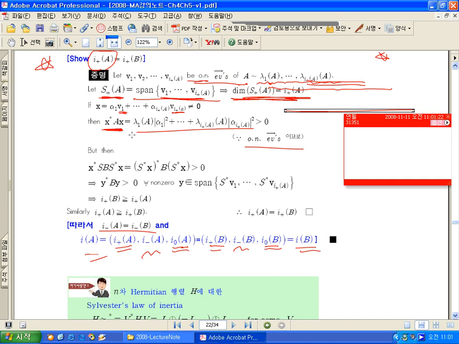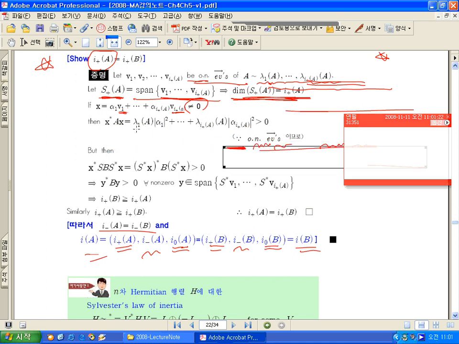As you see, these are all positive eigenvalues, and these are non-negative. Also X is a non-zero vector, so some of the alpha i's are non-zero. So these are all positive, and some of these are positive. So this X star AX is positive.